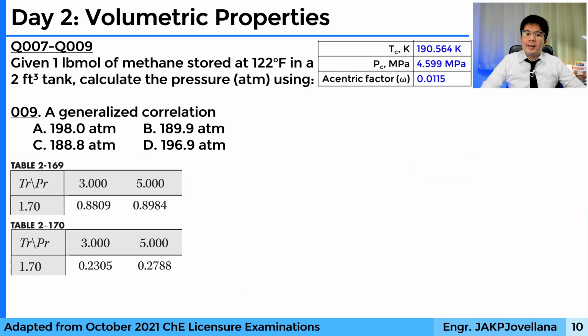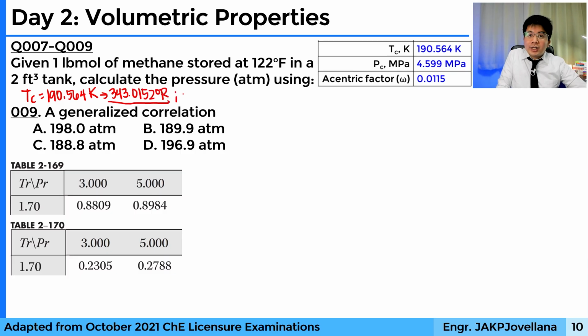So to solve this problem, I have listed the values of TR and PR for the different values of Z0 and Z1 for methane. We will use again the English units for the critical temperature and critical pressure of methane. Similar to the previous problem, we can convert the critical temperature Tc of 190.564 Kelvin into 343.0152 degrees Rankine.